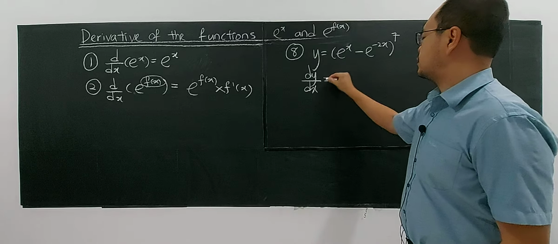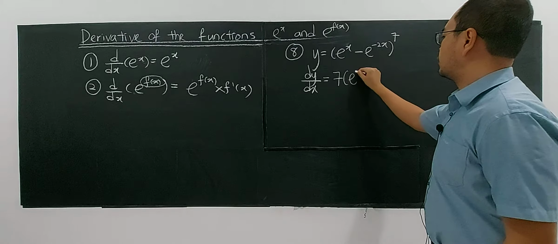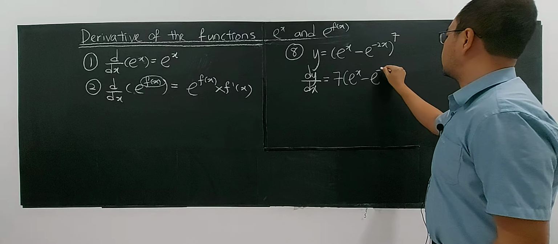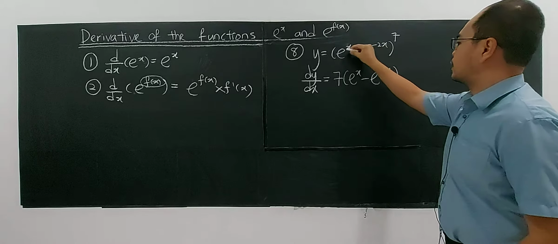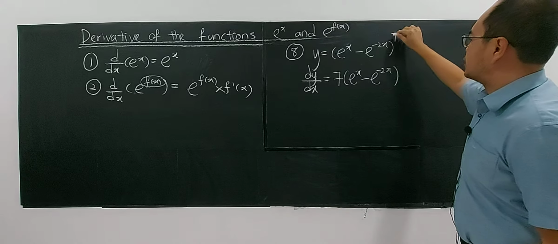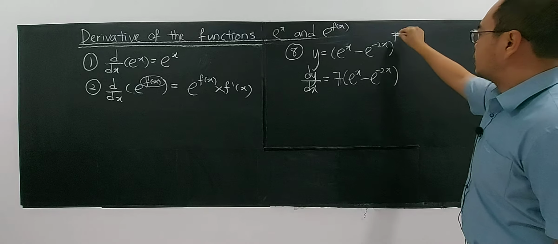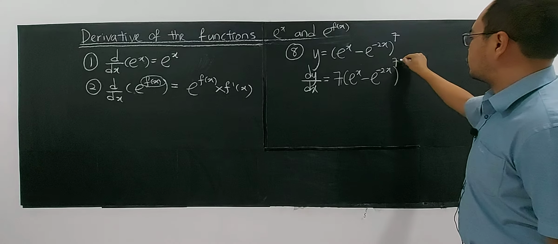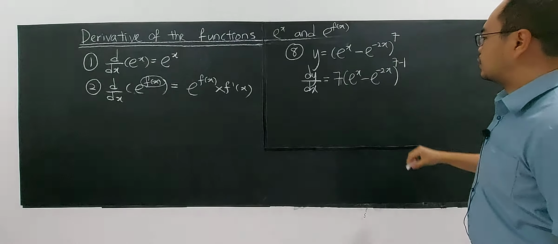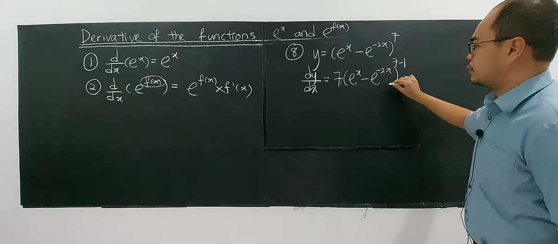Okay, now very simple. You bring down the 7. So you have (e^x minus e to the power of negative 2x), and of course the 7. The first step here will be 7 times (e^x minus e^(-2x)), and the 7 you deduct by 1, so minus 1, power of 6. Later you differentiate the function inside the power.